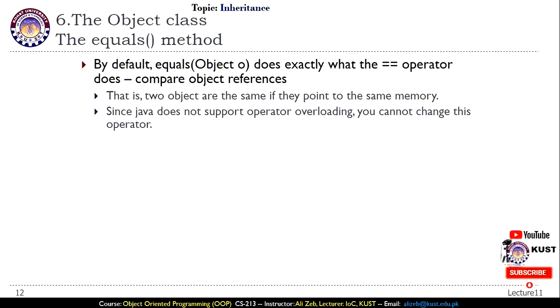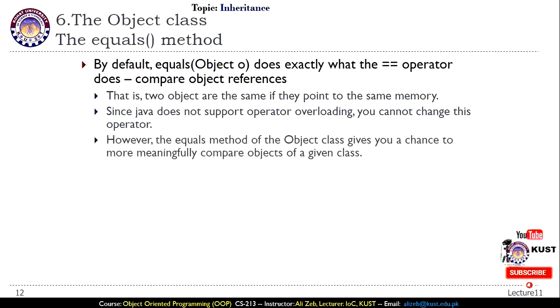Java does not support operator overloading, which is supported in C++. You cannot change this operator. However, the equals method of the Object class gives you a chance to more meaningfully compare objects of a given class.